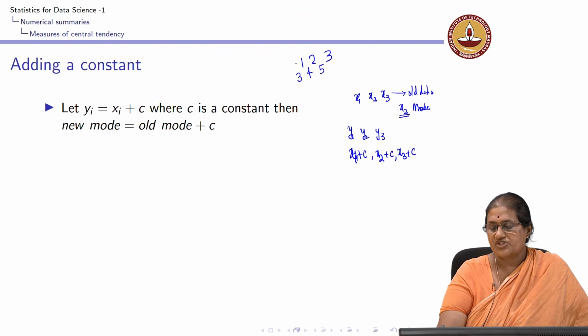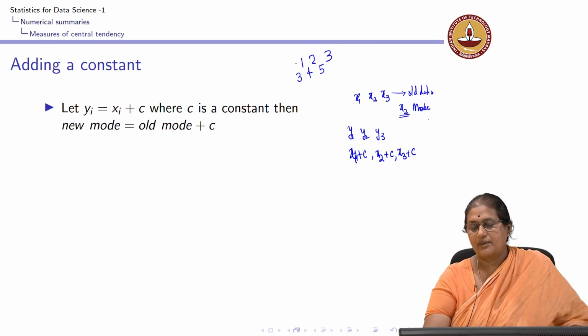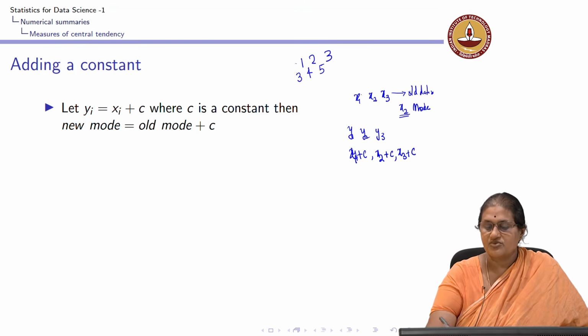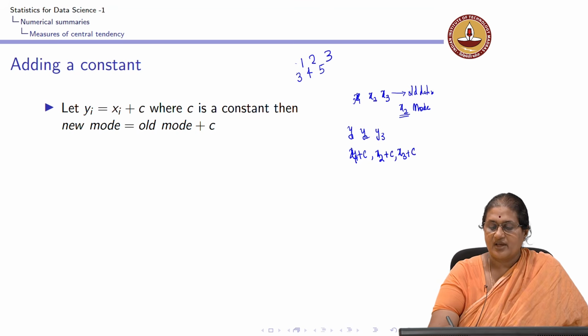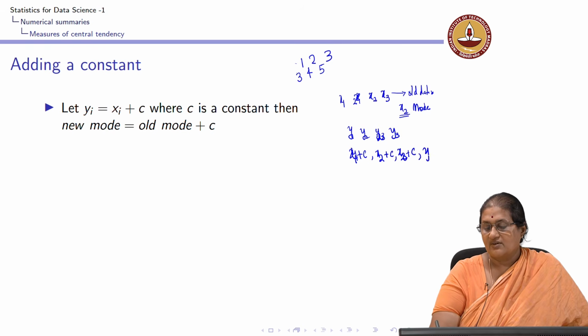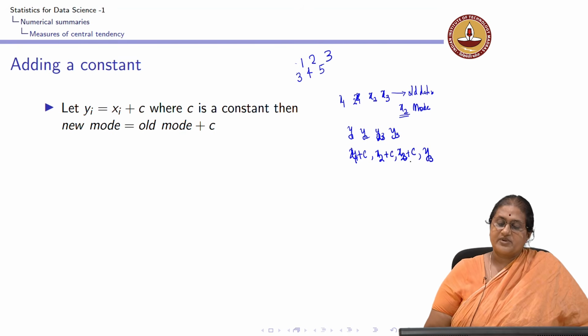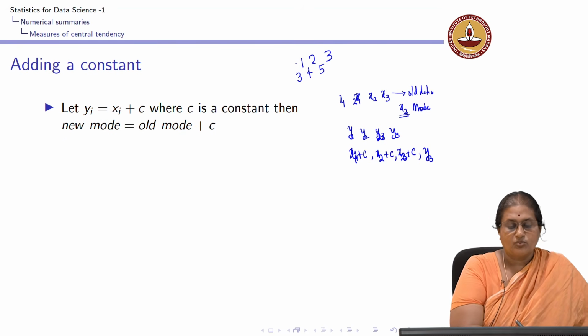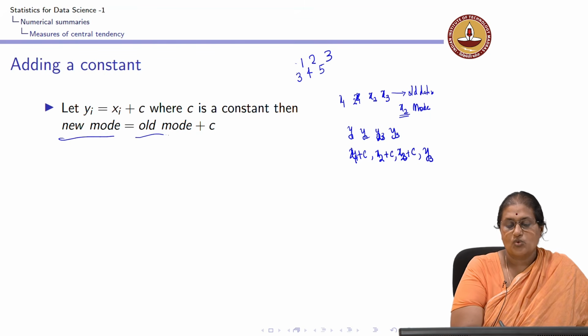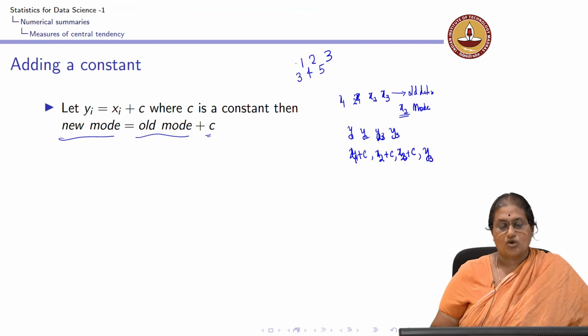If x2 is that which appears the most number of times, so it would be x1, x2, x2, x3, x2 is the mode. So it becomes y1, y2, y2, y3, where y2 appears the most number of times. You can see that the new mode is x2 plus c, hence the new mode of my data set is the old mode plus the constant.